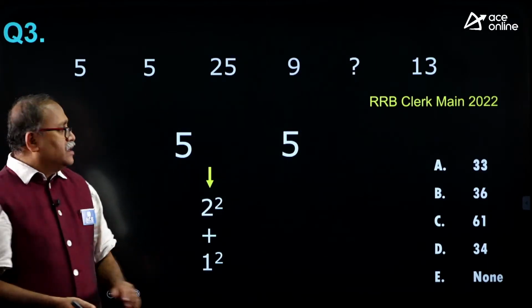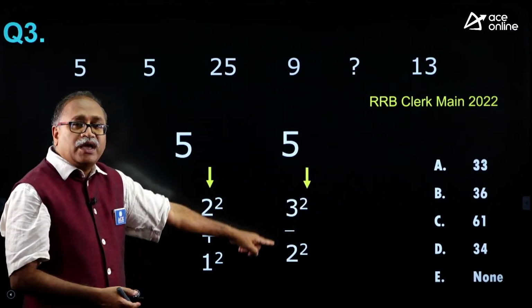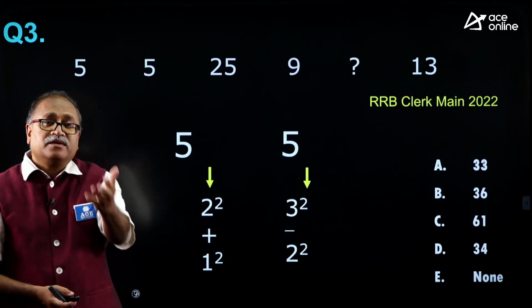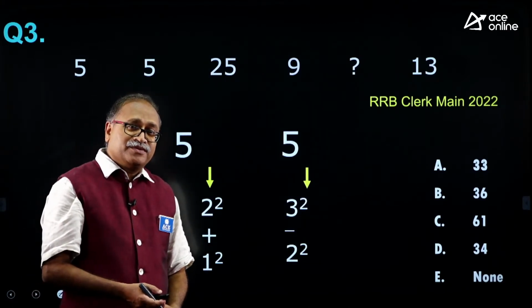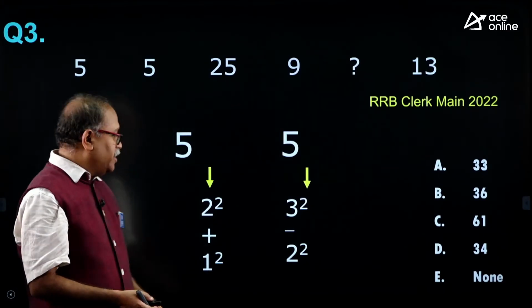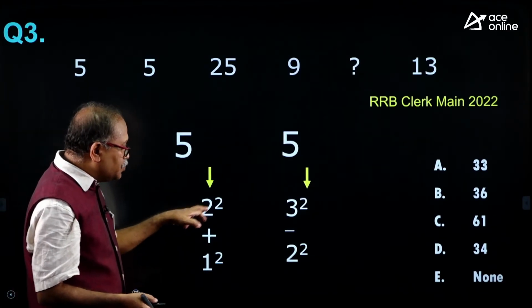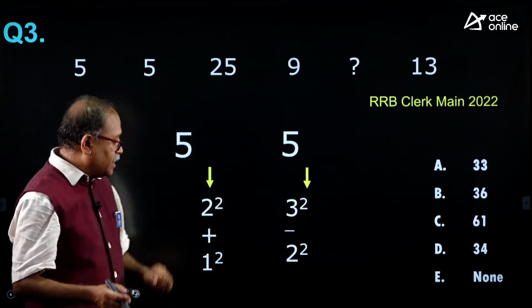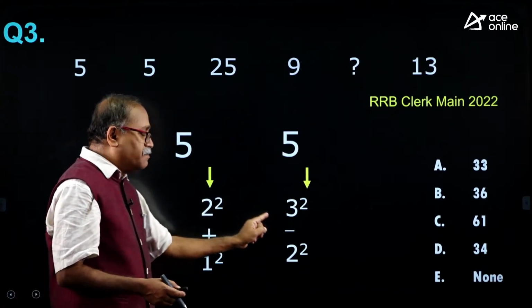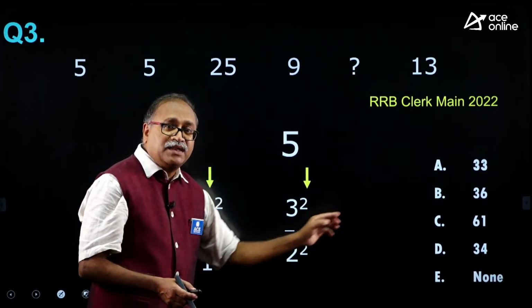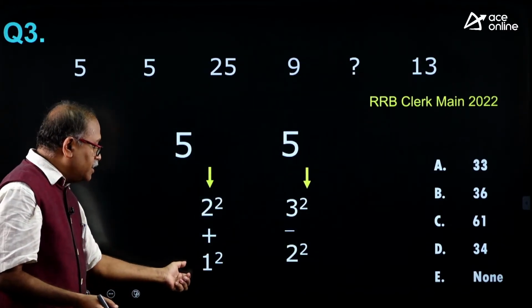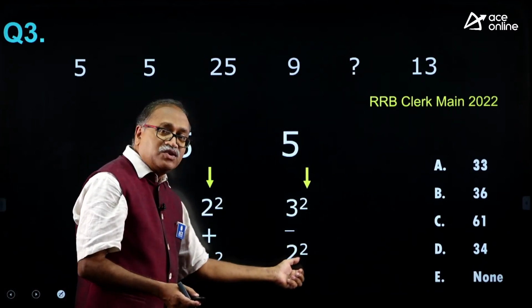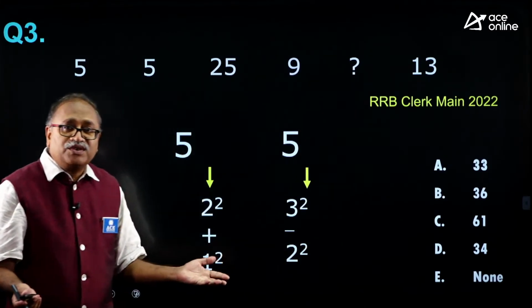I will say, can I write this as 3 square minus 2 square, 9 minus 4? Yes, my dear friend. So, what you understand is 2 and 3, then 4, 5, 6, and the other one plus minus plus minus, and the next over here, then 1 square, 2 square, 3 square, 4 square.